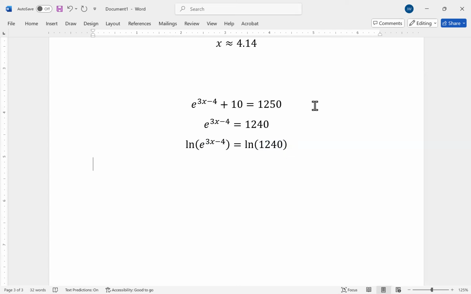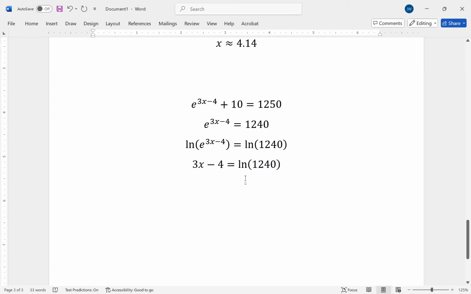On the left-hand side, the inverse property with log and exponential tells me the left-hand side is just 3x minus 4. And then the right-hand side is the natural log of 1,240. That is a real number.